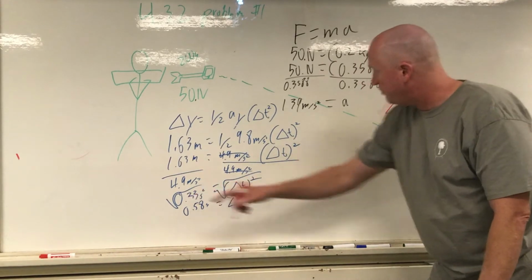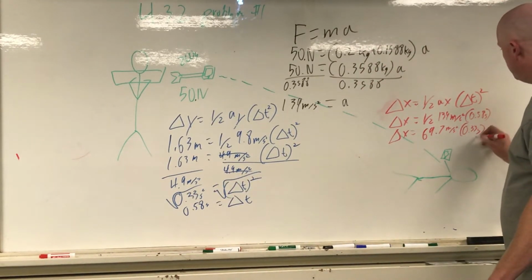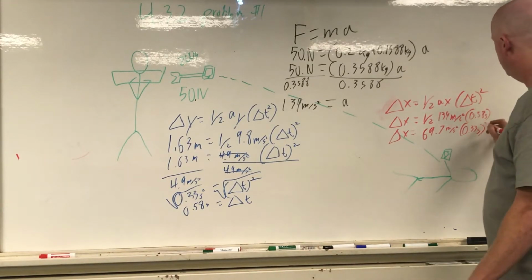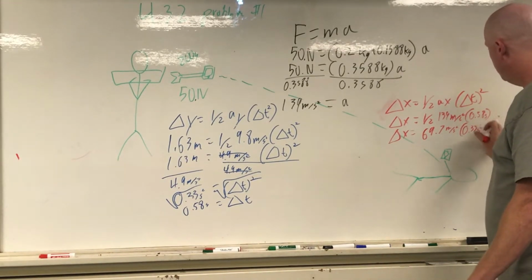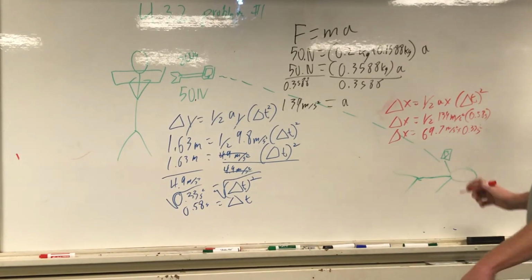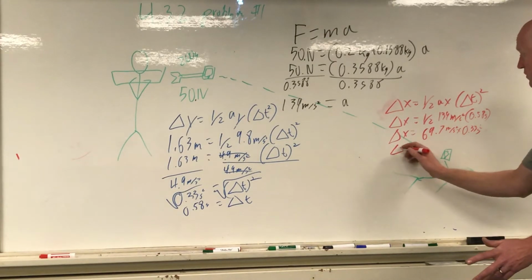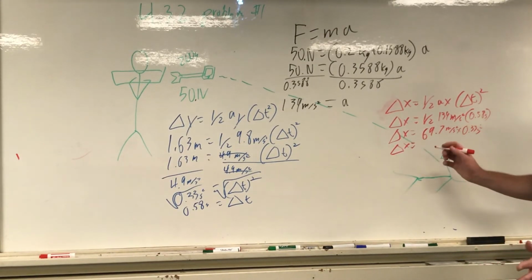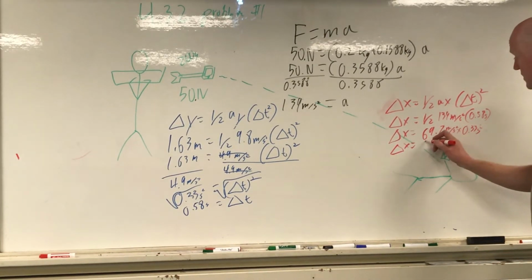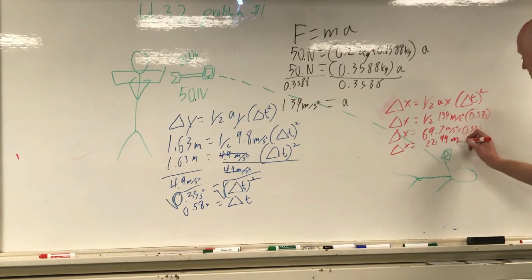We already have the square right over there. 0.33 seconds squared. So we multiply these two together and we get delta x is equal to approximately 22.99 meters.